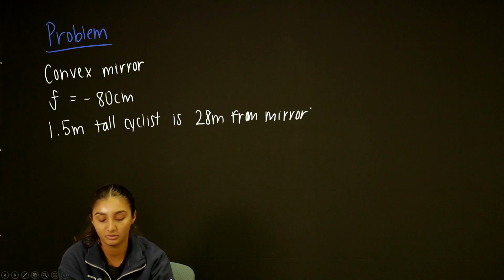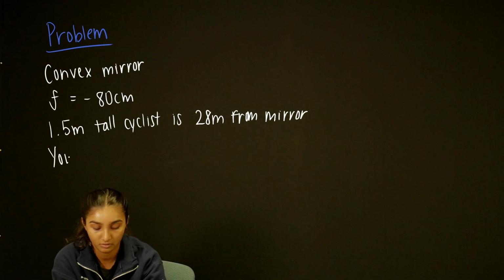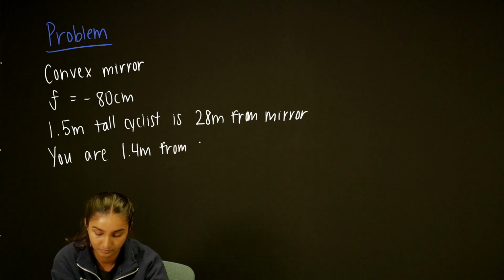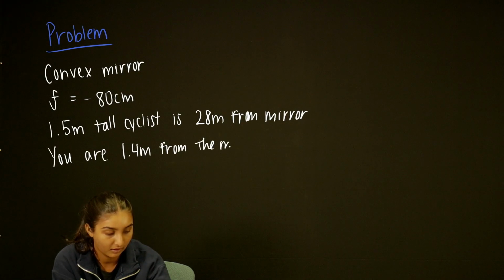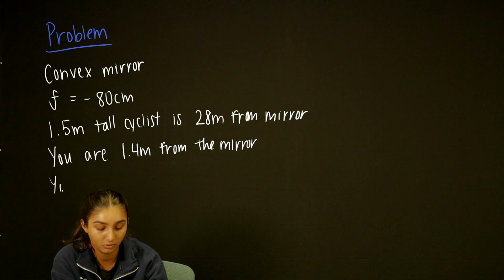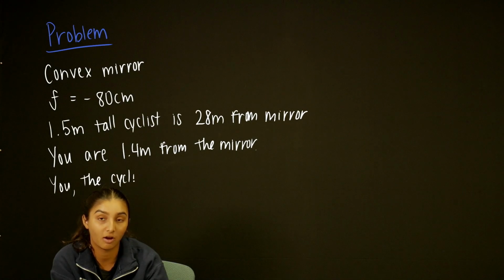So you are also there, and you are 1.4 meters from the mirror. And something to just keep in mind is that you, the cyclist, and the mirror are all in one line.